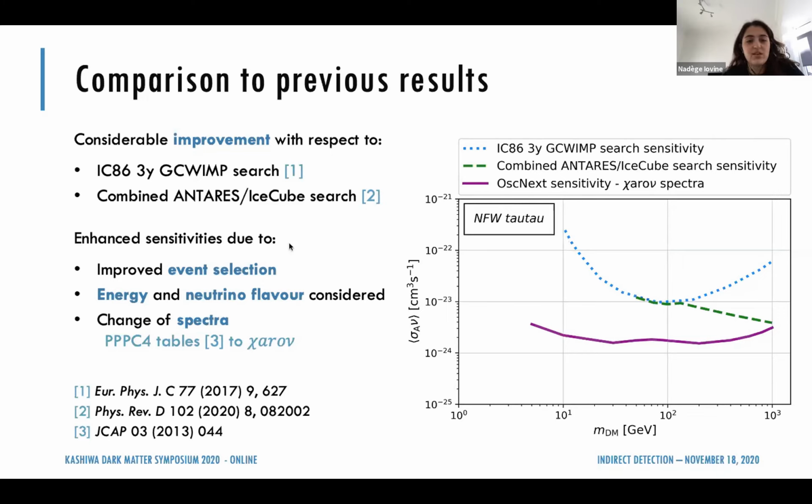So this enhancement is mostly due to the improved data set that we considered. We also are considering more years of data. It is also due to the fact that now in the PDF, we are considering the energy information and the neutrino flavor, while the previous two results are only using the angular information.